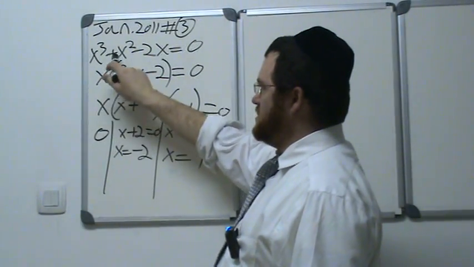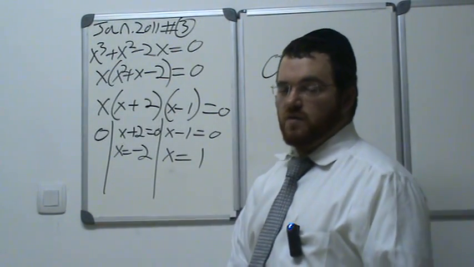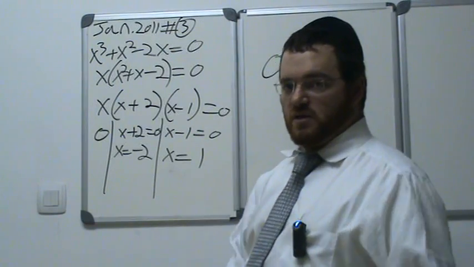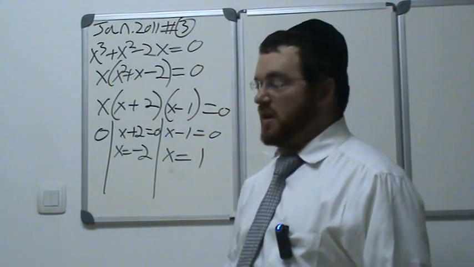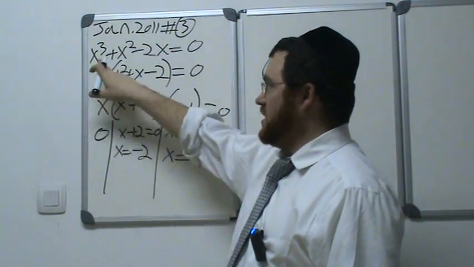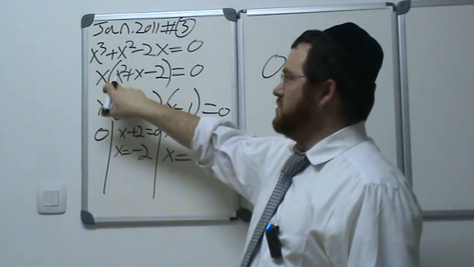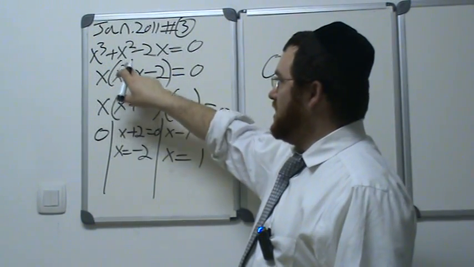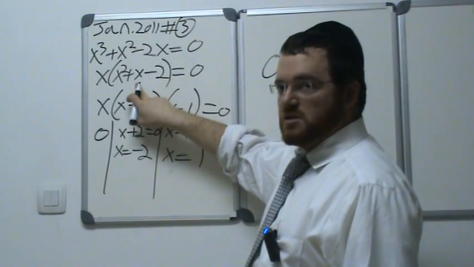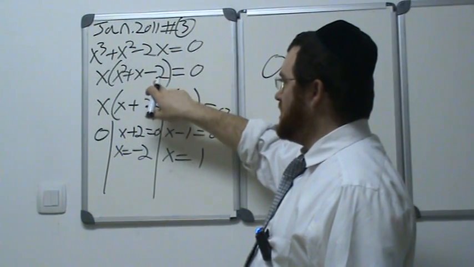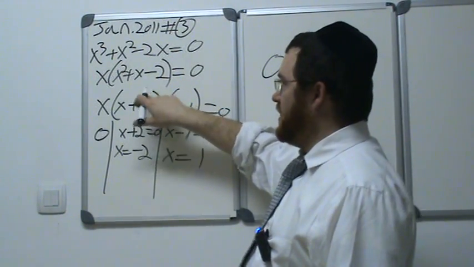So what do x cubed, x squared, and negative 2x have in common? They all have an x. That means you could divide this equation by x. When you divide this equation by x, x cubed divided by x is x squared, plus x squared divided by x is just x, minus 2x divided by x is just negative 2.